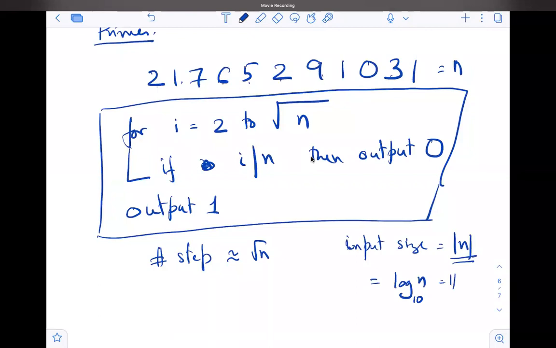But the square root of 10 to the power 11 is 10 to the power 11 divided by 2, so it's exponential in the input size. So this algorithm is not known to be polynomial. But that doesn't mean that there is no other algorithm that is polynomial.